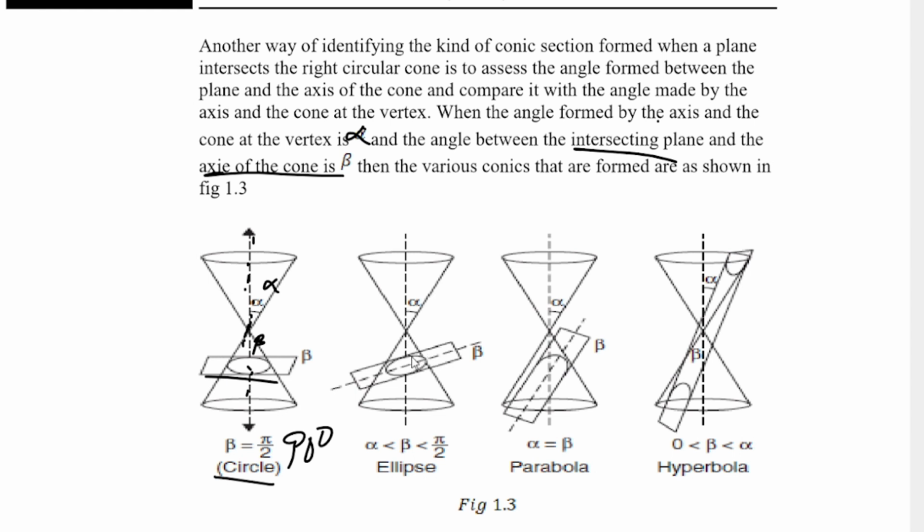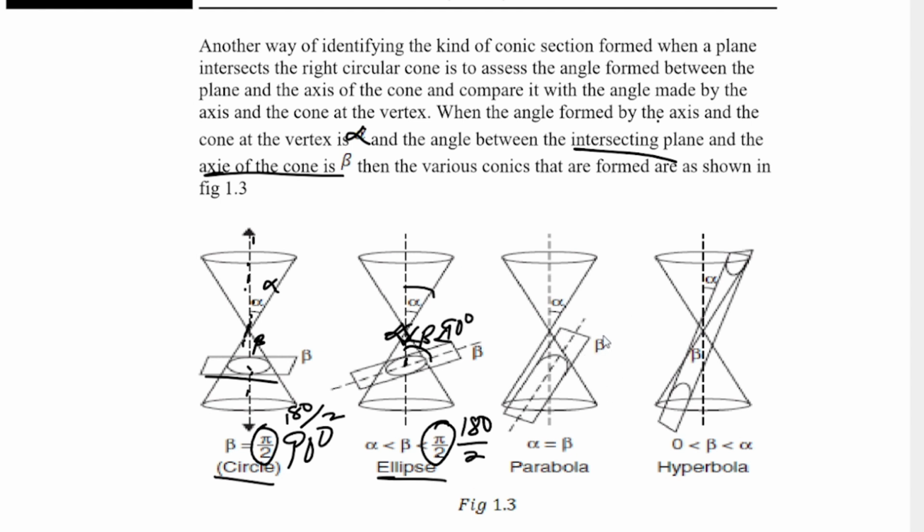You can see that the angle over here is not equal to 90 degrees, so beta is less than 90 degrees. This angle alpha is also less than 90 degrees, and pi on 2 is the same as 180 on 2. So if the angle alpha is less than beta and is also less than 90 degrees, then the conic section formed is an ellipse.